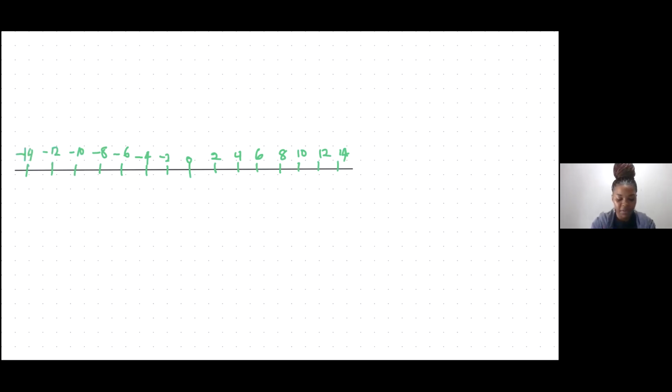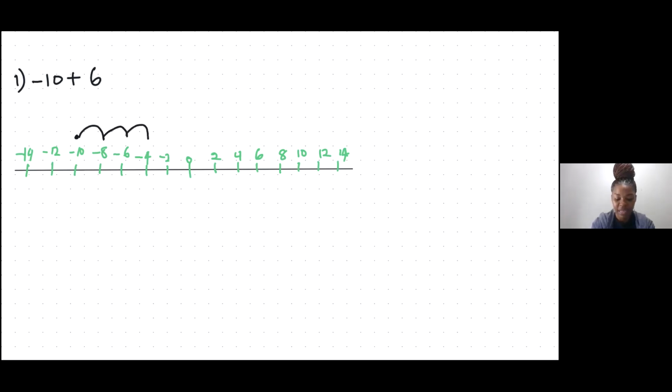So let's go. My first question would be, I want -10 add 6. So I'm going to start at -10 and I'm going to add 6. Remember, we're increasing in 2s. So every time I move, it's 2. So this is 2, 4, 6.